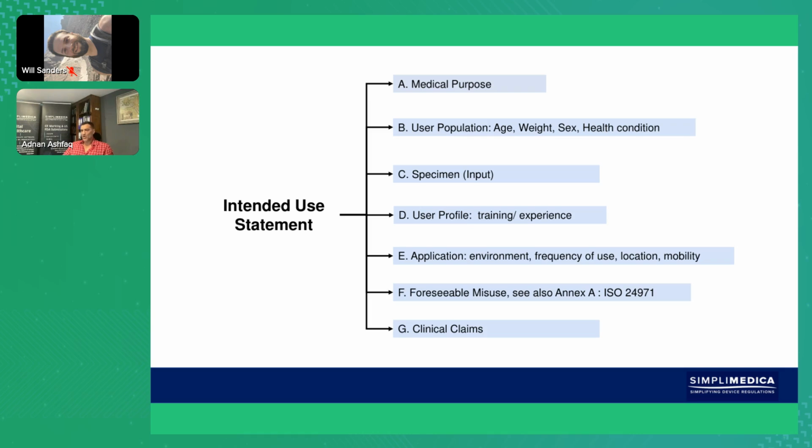That's all part of your intended use statement. And then the foreseeable misuse, look at Annex A and look at the questions that are being asked there. And then finally, the clinical claims. As we've already seen, the evidence earlier points towards us looking at clinical evaluation, looking at the clinical claims, and tying it in with the intended use statement.